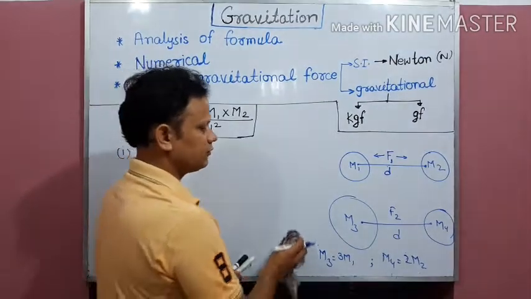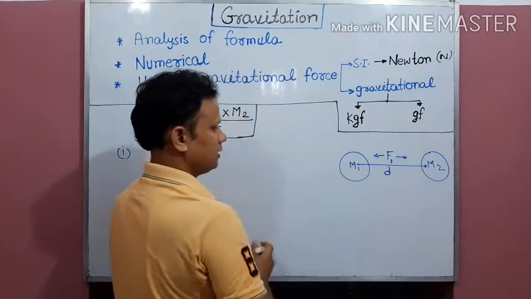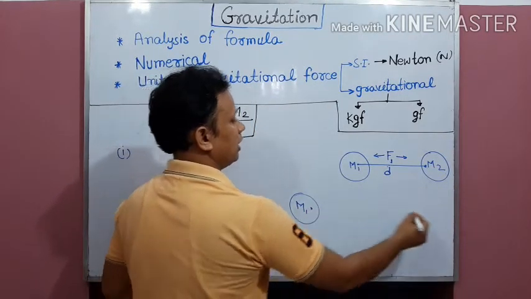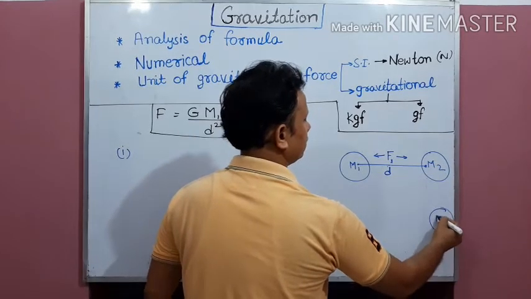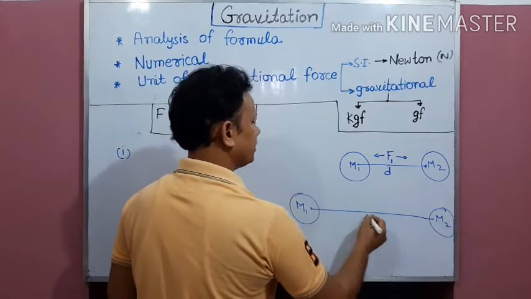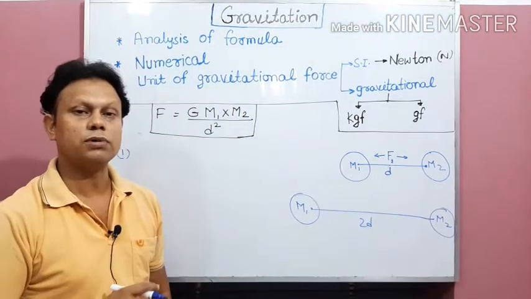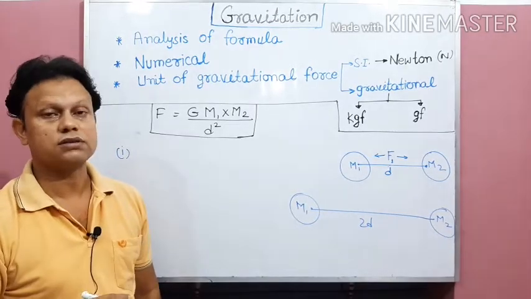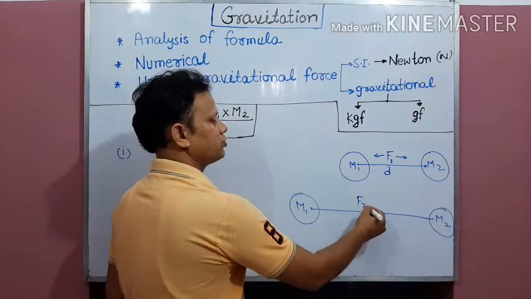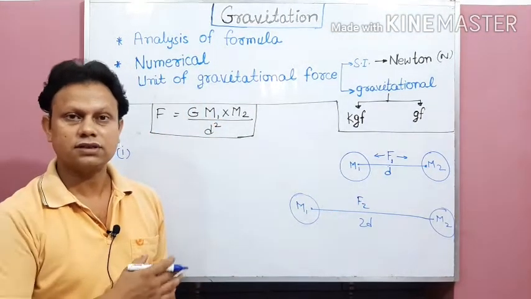So suppose masses are still M1 and M2, but now suppose the distance has become double. Now here masses are constant. So now in this situation when we have to compare the strength of gravitational force, then what will be the comparison? That is the next topic.